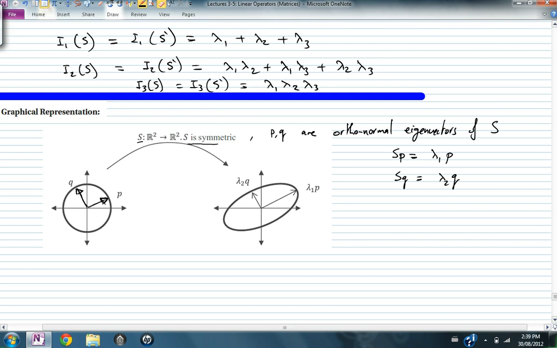Which graphically means, if this is P, once I apply S to the vector P, I get a vector perhaps in the same direction but a little bit longer.